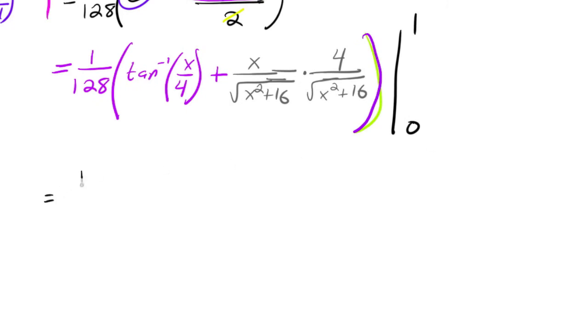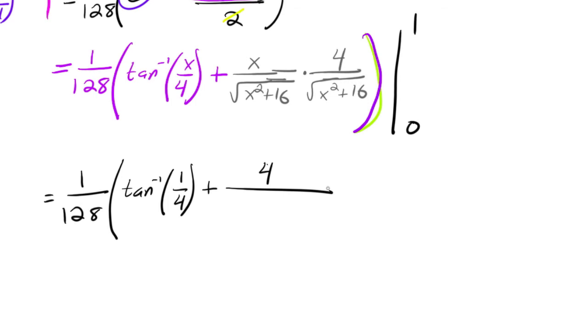I have 1 over 128, and then I'm going to have inverse tangent of 1/4, plus, if I plug in 1 into here, and let's combine these two into just one, this is just going to be x squared plus 16. So this is just going to be 4 over 17.